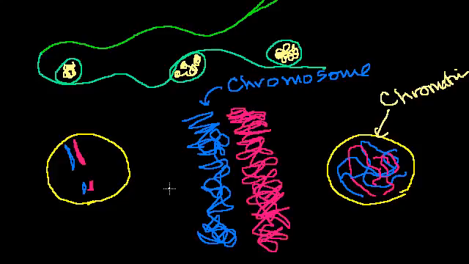Chromatin can either refer to the structure of the chromosome, the combination of the DNA and the proteins that give the structure, or it can refer to this whole mess of multiple chromosomes, with all this DNA and all of the proteins jumbled together. So I just want to make that clear.